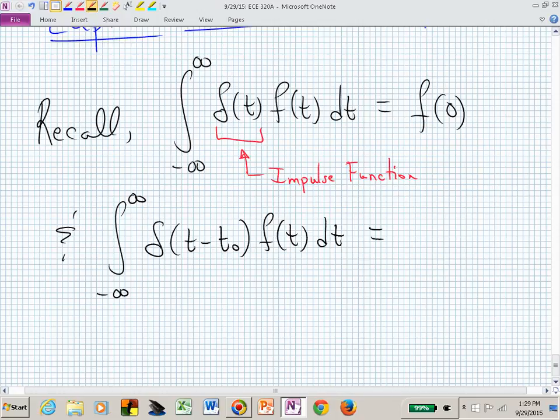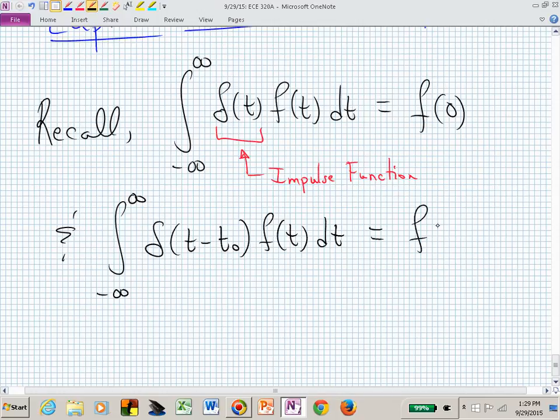Now we have the impulse active at t naught, integrating f of t over all time. What's the result going to be? If the upper one was when the argument on the impulse was 0, that's the value we used for f. Now what's the result of this integral going to be? It's just going to extract f's value at time t naught when that impulse is active.